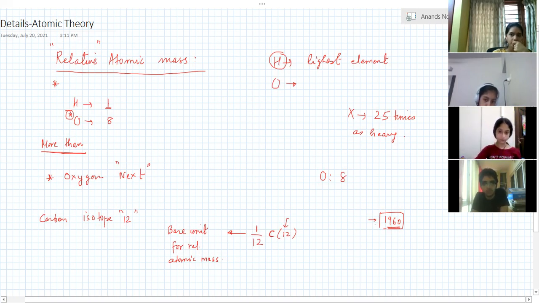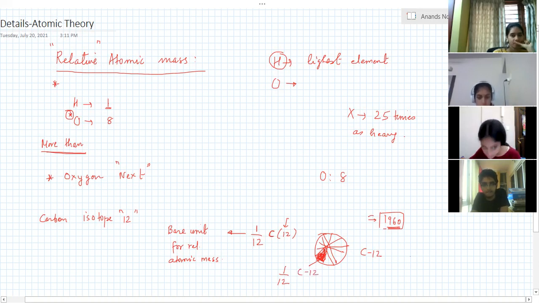So you take this carbon pizza and divide it into 12 parts. I'm not very good at this division. Then you take one pizza part. This slice is 1/12 of carbon 12.